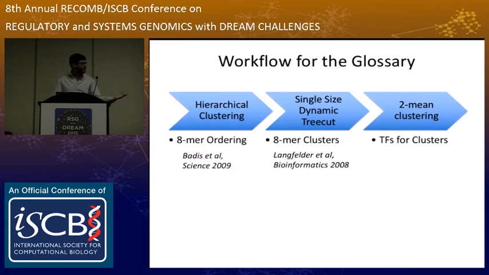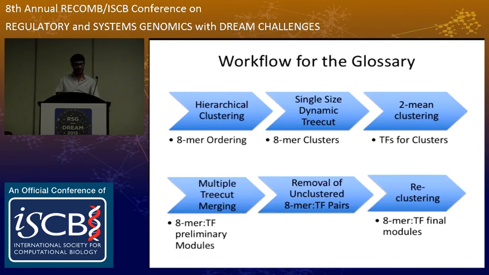At first we ordered the 8-mers through a hierarchical clustering, then through a dynamic tree cut of a fixed size we clustered them, and we associated to each cluster the most recognized transcription factor. Then we compared different sizes for the dynamic tree cut, and we merged the clusters into what we call preliminary modules.